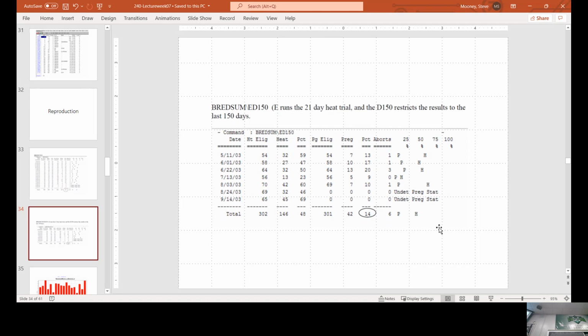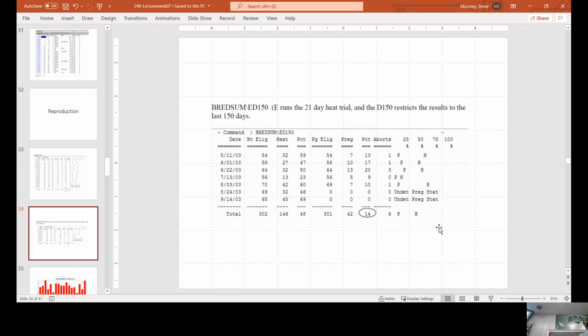And D150 restricts it to the last 150 days. So we're not looking at information too far back. We've shortened this up. What are we doing? We know over the last year it's been 16, but over the last half a year, we've gone in the wrong direction. Although that may be a sampling, we certainly haven't improved.